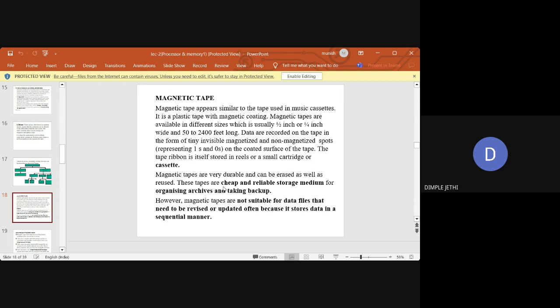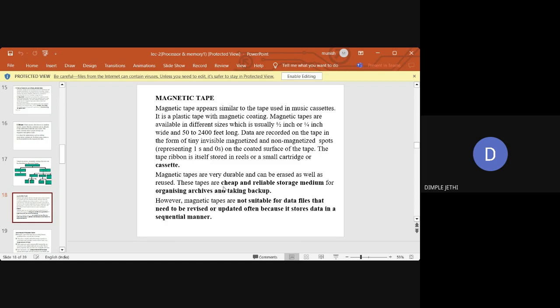This is your online storage. Offline storage means, for example, insurance companies with a huge amount of data can store it somewhere else, not in their office. They want it to be secure, so they can keep it in some locker also. So these are cheap and reliable storage for taking backups or for archives.